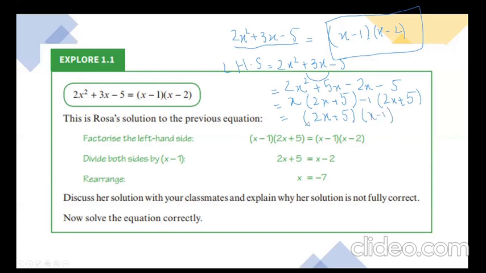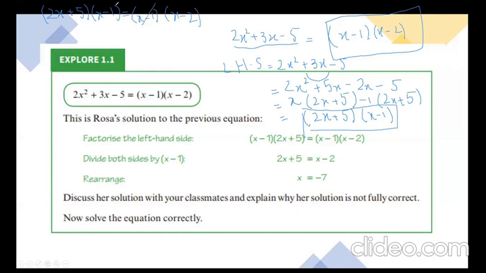So now this is my left hand side and this is my right hand side, comparing left hand side and right hand side. So putting this value in this equation, that is 2x plus 5 into x minus 2 equals x minus 1 into x minus 2.